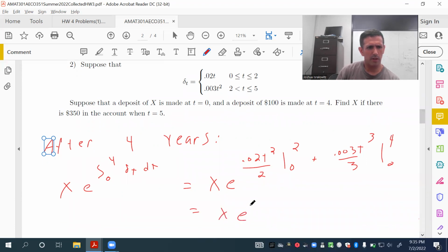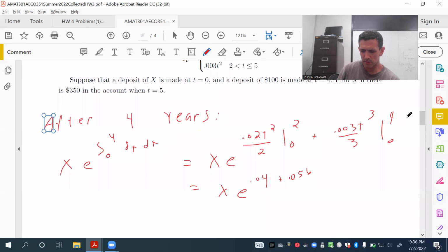Did not do that yet. So this is 0.04, and let's see, 4 cubed minus 8, 56. So this is going to be 0.056.